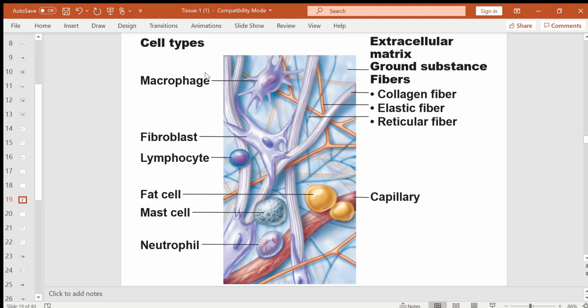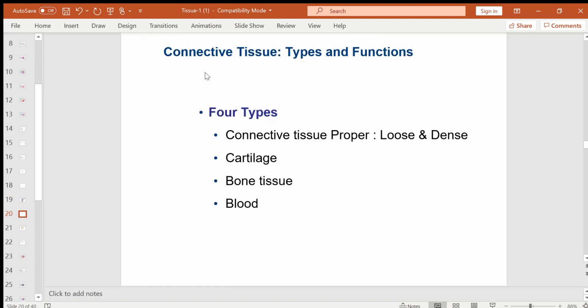Now the classification of the connective tissue. I'll show you the classification here, which will be very helpful for your lecture as well as in the lab. It is a wide classification, but if you write it down and remember it, it will be very helpful.